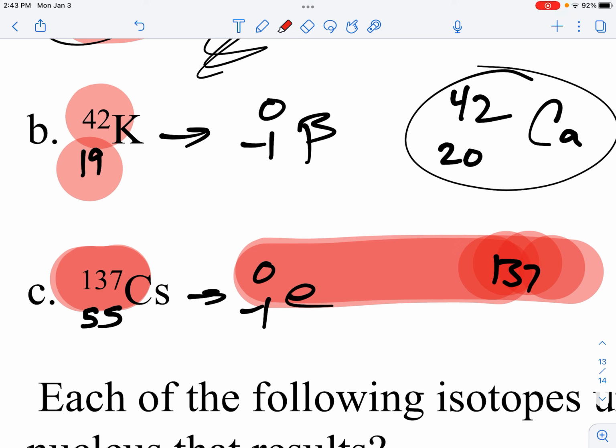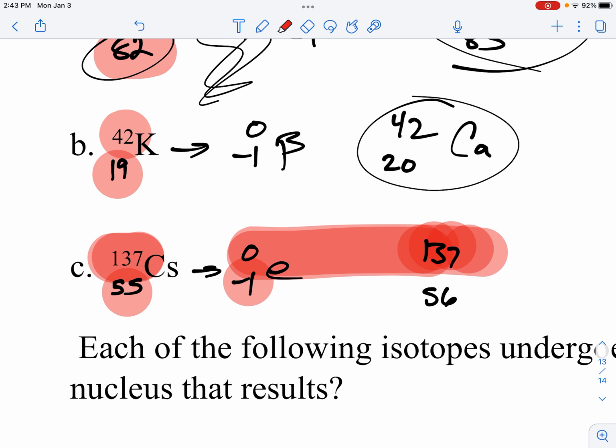And then down below here, I've got 55 and -1. So 55 and -1 are going to go together to be 56. And the -1 and the 56 go together to make the 55 that's over there.